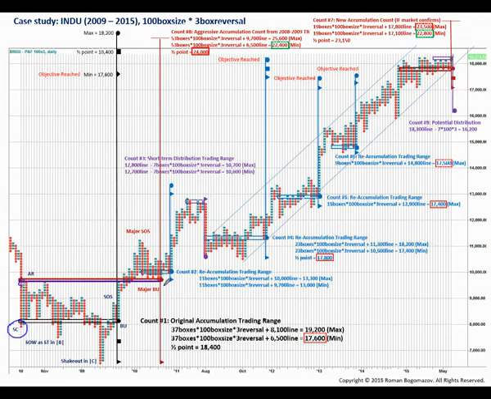And we could see that this count right here, which is count number 8, and I call this the aggressive accumulation count, has 53 boxes. And on 2 different lines, the maximum and minimum lines, it gives us 25,000 and 22,000, which is so close to these numbers. So the midpoint of 24,000 here for the Dow is actually extremely close to all of these points right here.